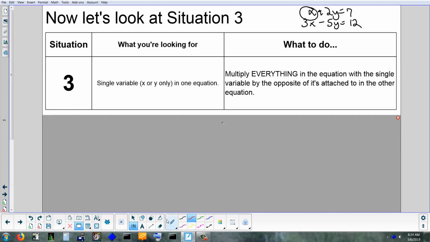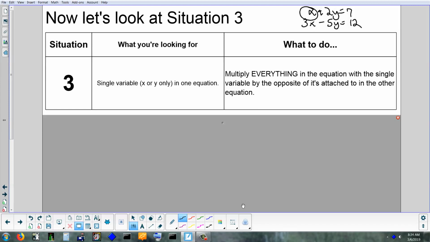I may have a single variable in both. You'll see that when we do the examples. Then you'll have a choice to make. But if I have something that looks like that, I'm going to multiply everything in the equation with the single x or y by the opposite of what's attached to that variable in the other equation.